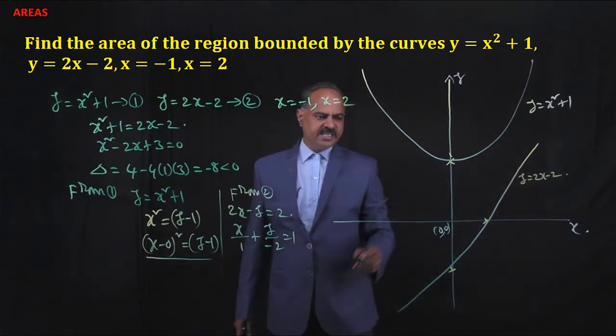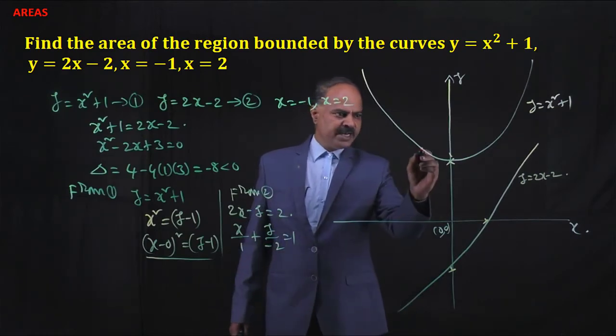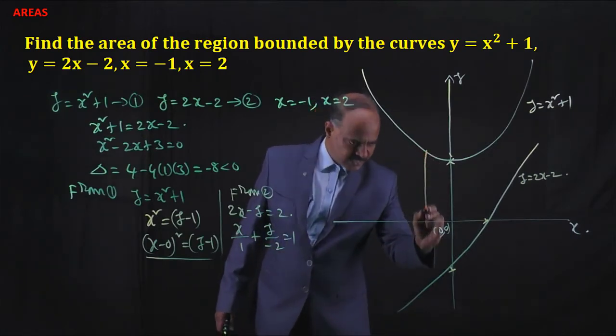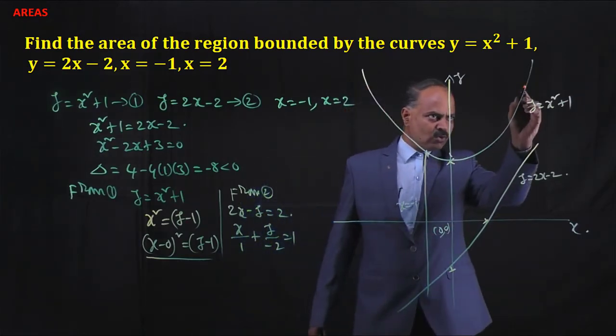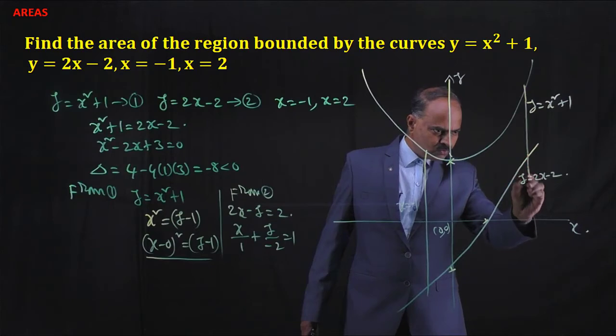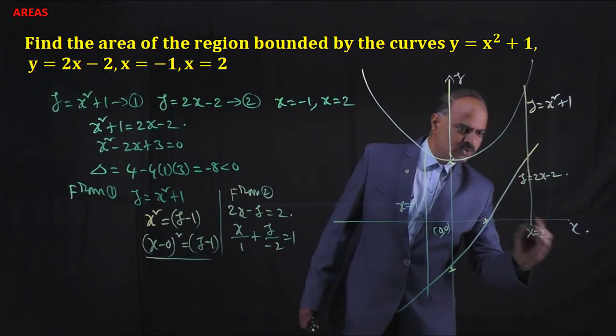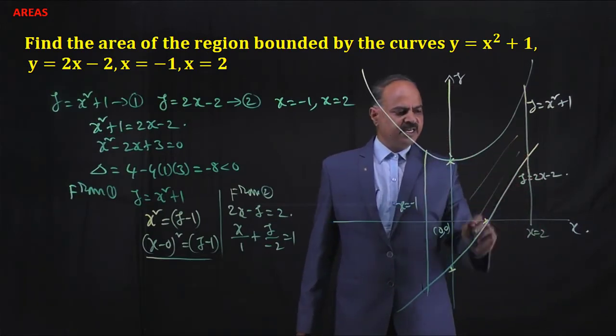Now I have to find the area between x equal to minus 1 and x equal to 2. So this is x equal to minus 1, and this is x equal to 2. So this is the required area.